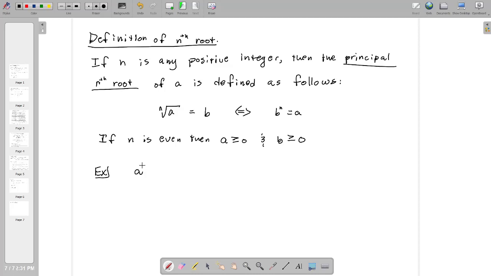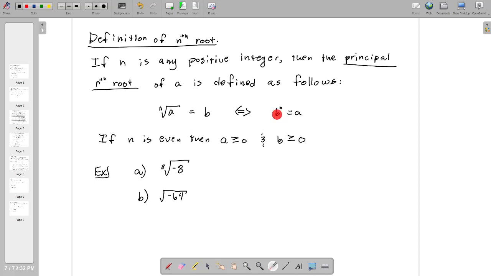Let's do an example first. A, cube root of negative 8, b, square root of negative 64. First, the cube root of negative 8 is actually defined. You might look at this and say, it doesn't look like it's defined because it's a negative number. Remember, we have an odd index here. So when we're looking for an odd radical of a number a, b to an odd power can be negative.